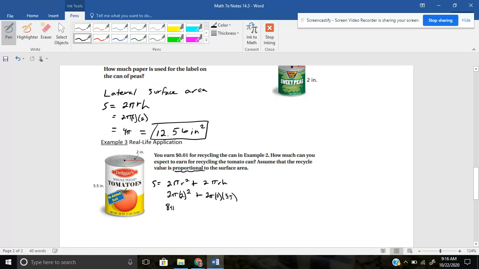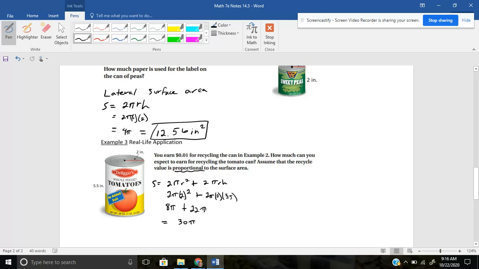So 8 pi plus 5.5 times 2, 11, times 2, 22. 22 pi for a grand total of 30 pi. And I'm just going to leave it like that for now, for the surface area of my can of tomatoes. Now, I'm going to need to find the surface area of this. Remember, I just found the lateral surface area.